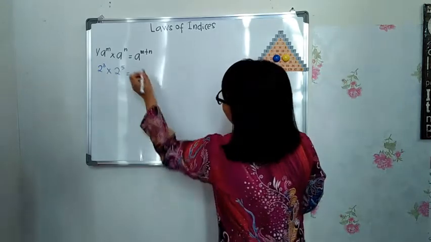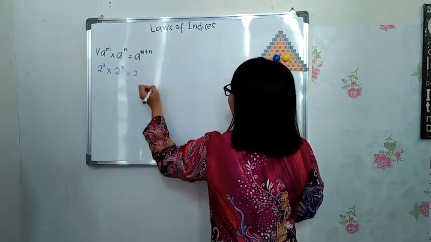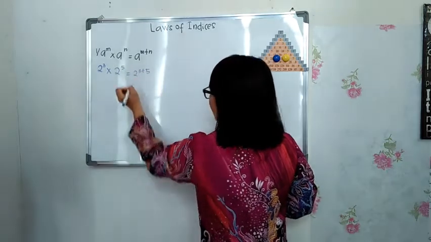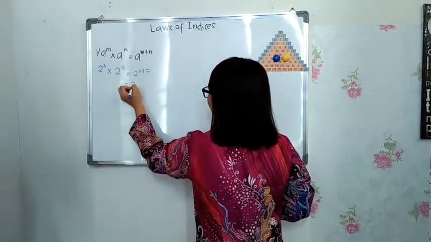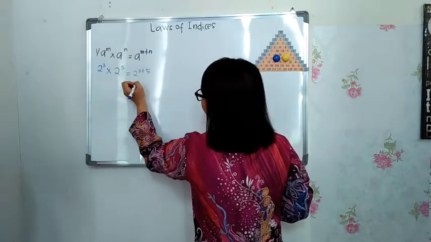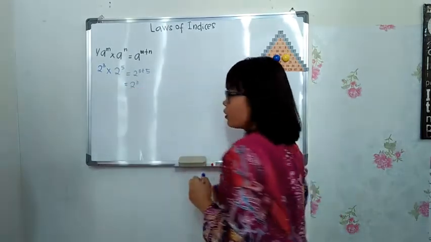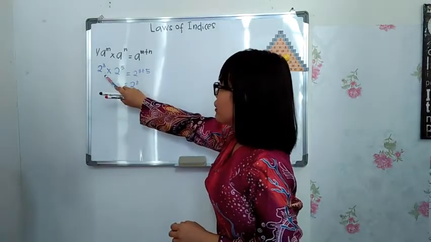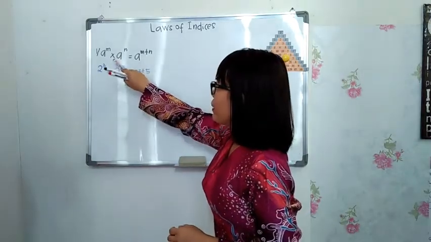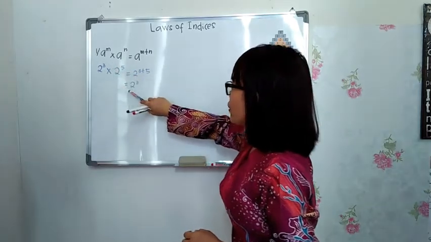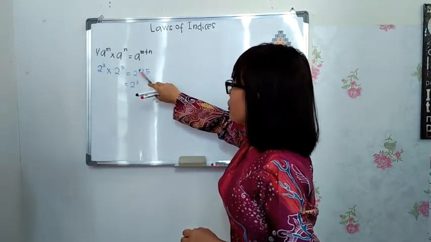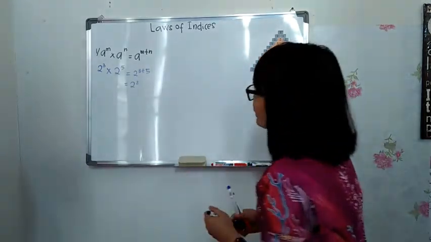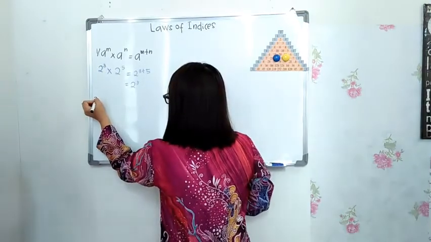We will get 2 to the power of 3 plus 5, and then the answer is 2 to the power of 8. You must remember, if here is multiply and here is the power, automatically it becomes plus.